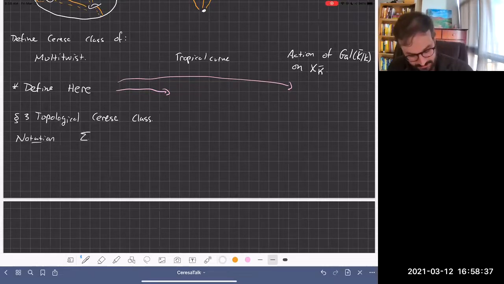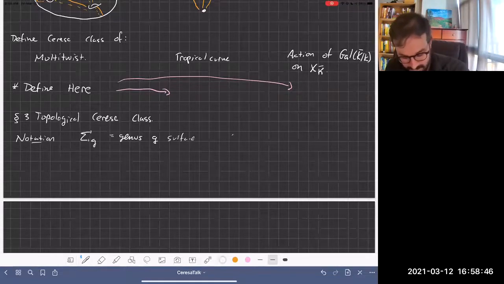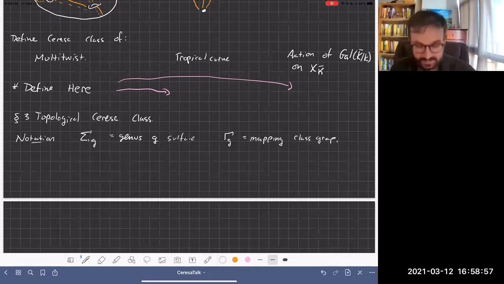We're going to let Sigma_g denote a genus g surface. We're going to let Gamma_g denote the mapping class group of your genus g surface.